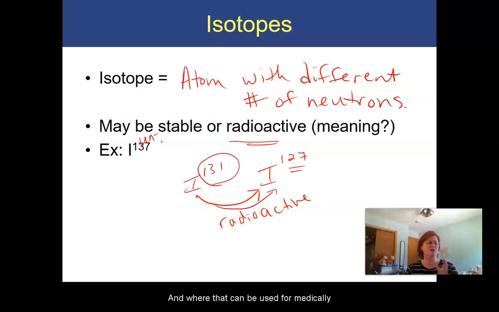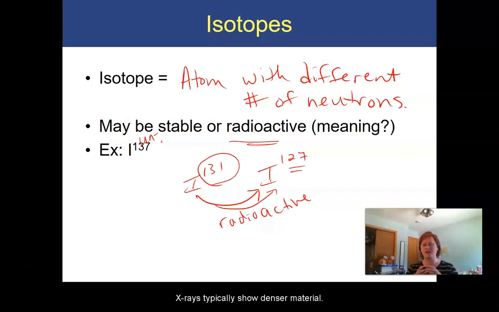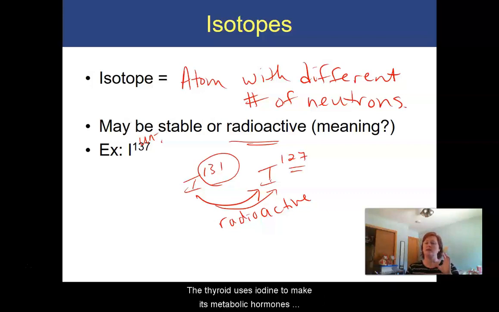Now, where that can be useful medically is, let's say I want to look at somebody's thyroid. The thyroid is soft tissue, so it's not going to show up really on an X-ray because X-rays typically show denser material. But the thyroid uses iodine to make its metabolic hormones.